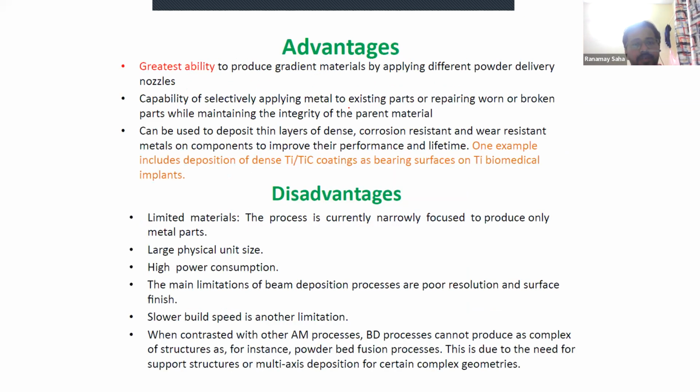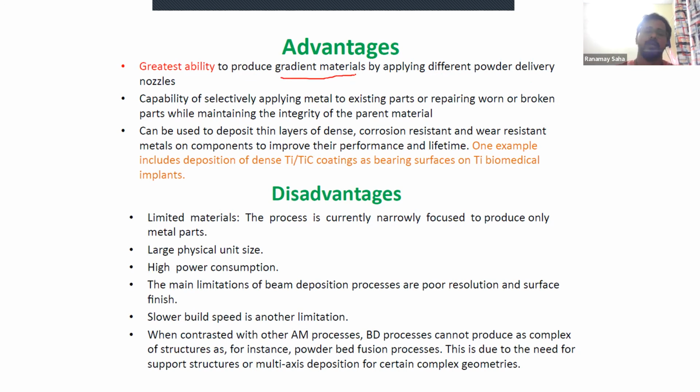And then you have the advantages and disadvantages of this direct energy deposition process of AM technology. So the main advantage here is that you can get highly dense structures. Okay, and then you can produce gradient materials by applying different powder delivery nozzles, isn't it?